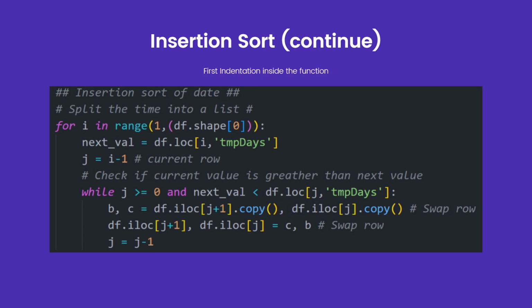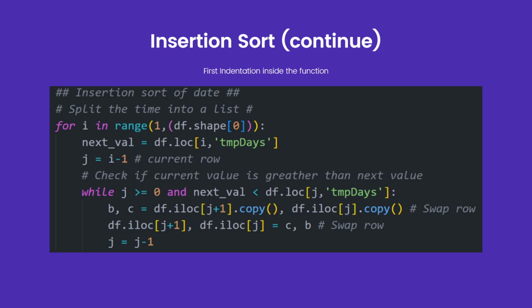After we obtain the value in the previous slide, we can just use any sorting technique to sort the values. In this algorithm, we will use insertion sort since its best runtime is linear.